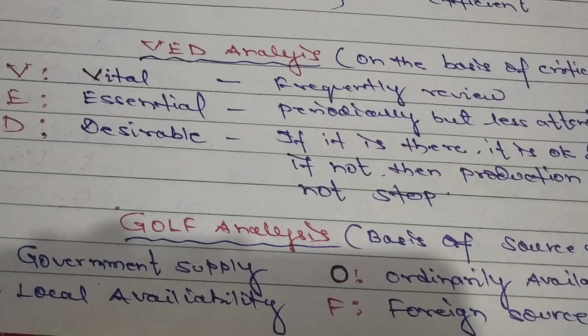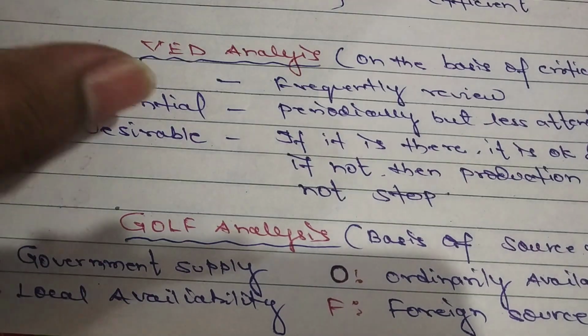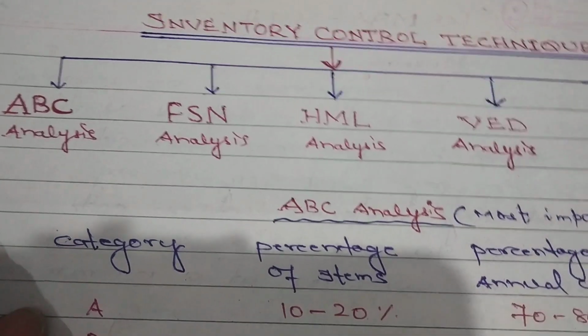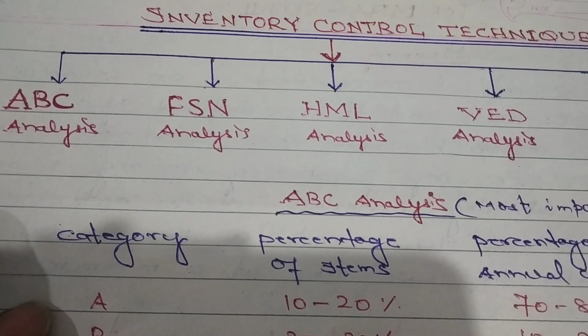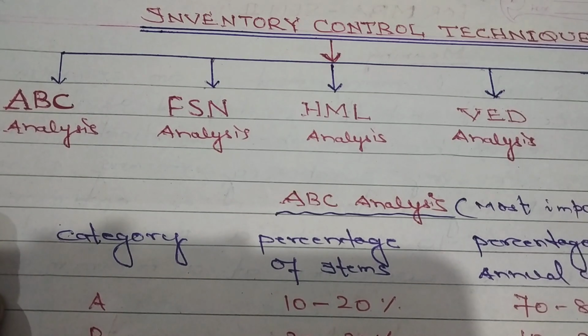So these are the 4 inventory methods which we discussed in this video, and in the previous video I discussed the ABC analysis. Once again, let's review all the analyses, focusing on which basis they are used and what type of attention is required for each category of material.